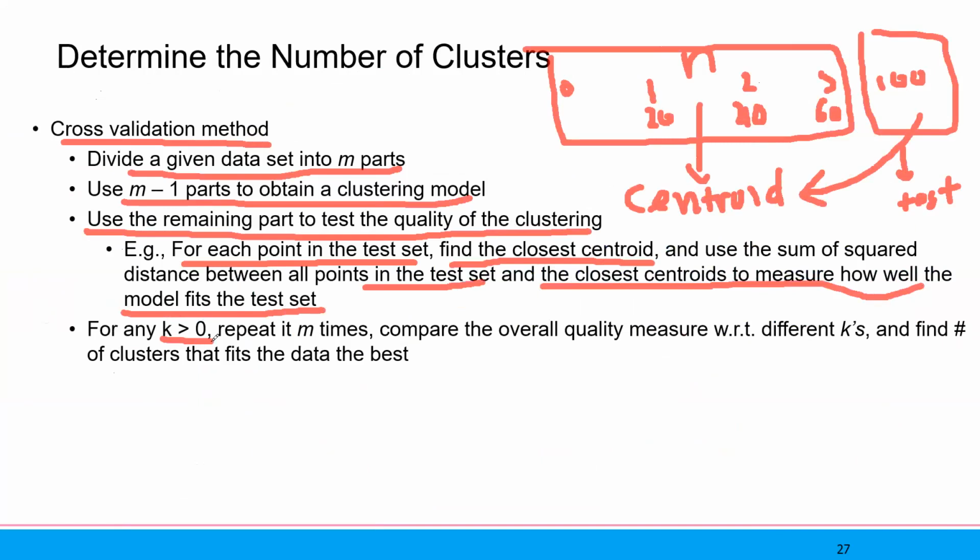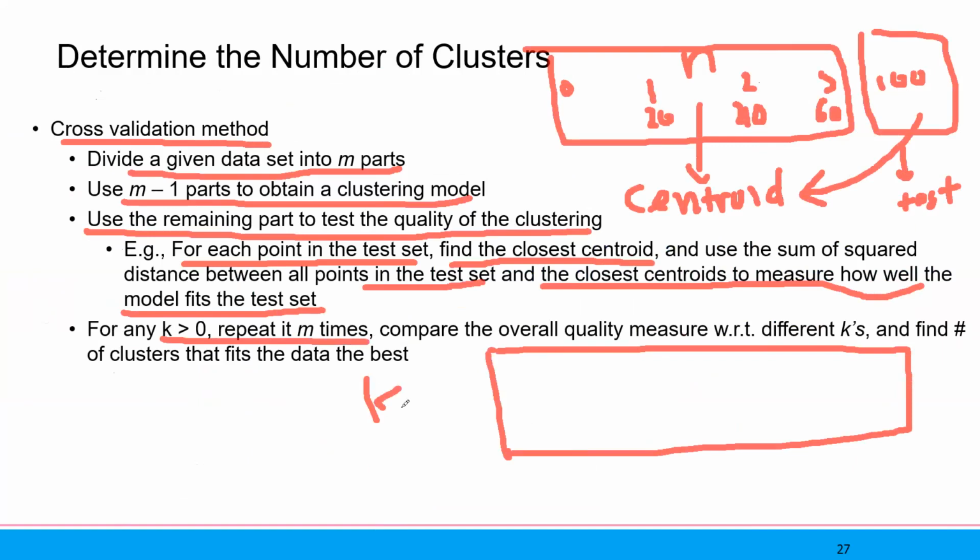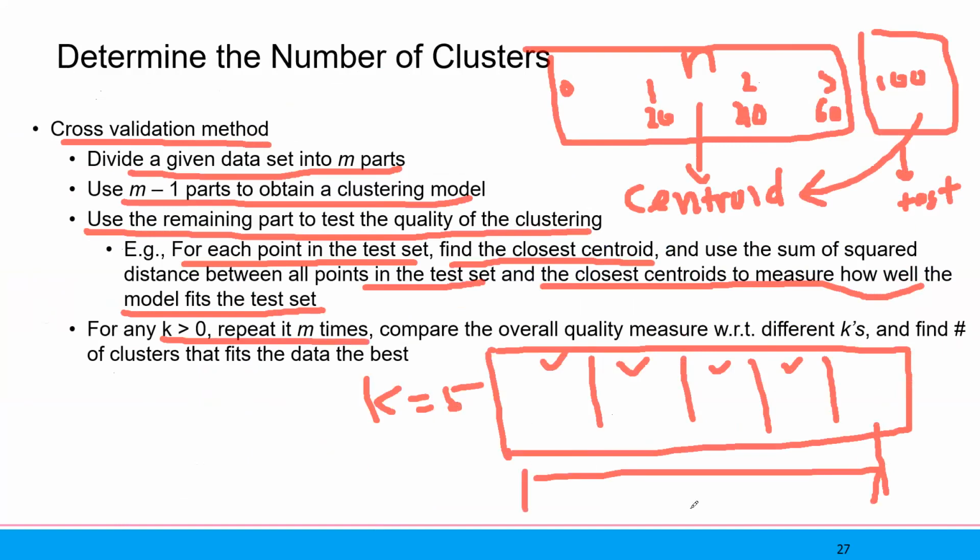For any k which is higher than 0, repeat it m times. So in the cross validation, let's say we have k equals 5. Then we select 5 partitions. So this will be for the training and this will be for the testing. And then we can have another.